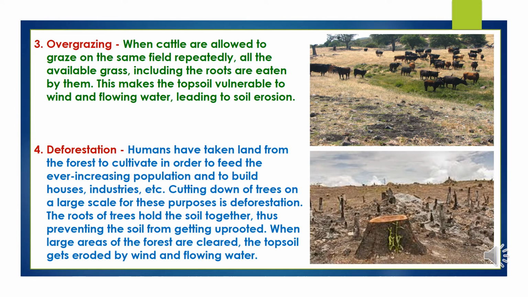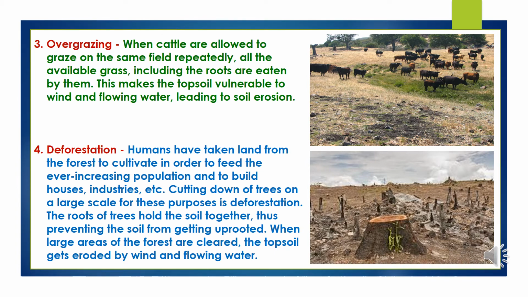When cattle are allowed to graze on the same field repeatedly, all the available grass, including the roots, is eaten by them. This makes the topsoil vulnerable to wind and flowing water, which leads to soil erosion. And the fourth factor is deforestation. Humans have converted forest land to cultivable land in order to feed the ever increasing population and to build houses, industry, etc. Cutting down of trees on a large scale for these purposes is deforestation.